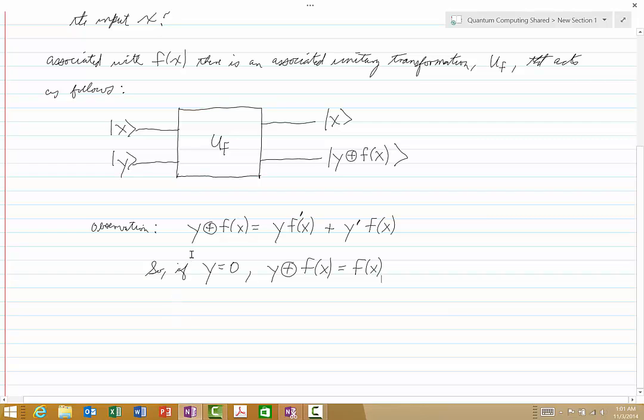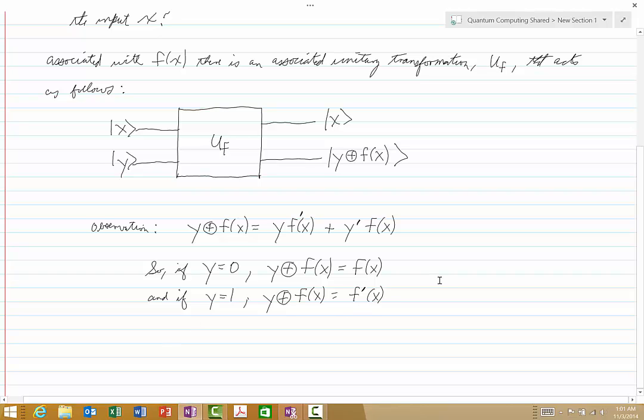And on the other hand, if y is equal to 1, then the second term would go away because 1 prime is 0, and 0 ANDed with anything is 0. And here we would get 1 ANDed with f prime of x, which is f prime of x. So y exclusive OR f of x, in that case, would be f prime of x.